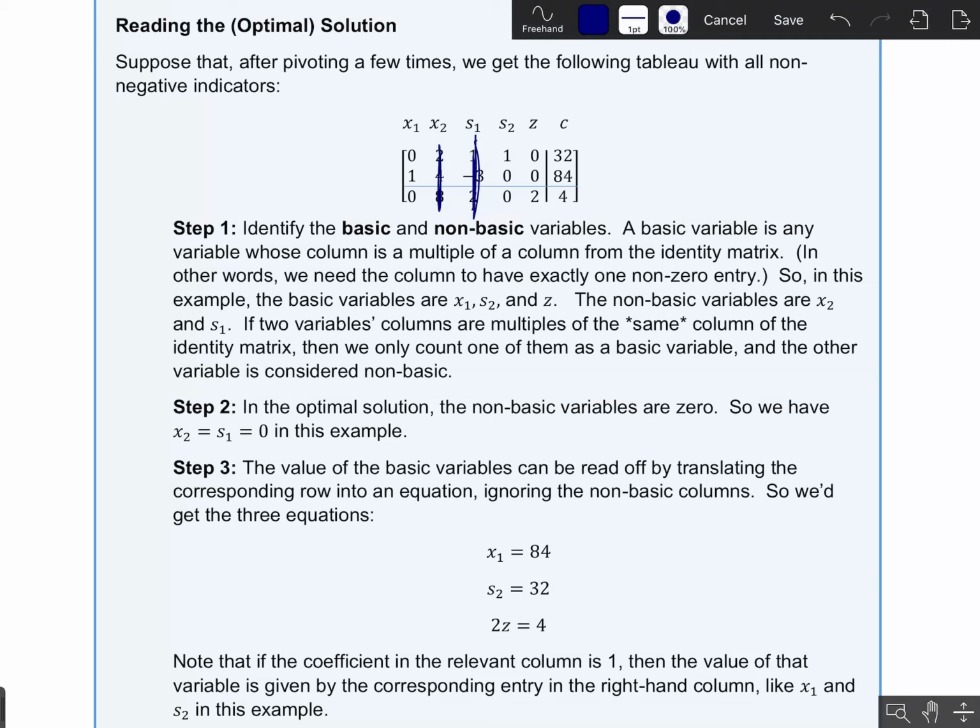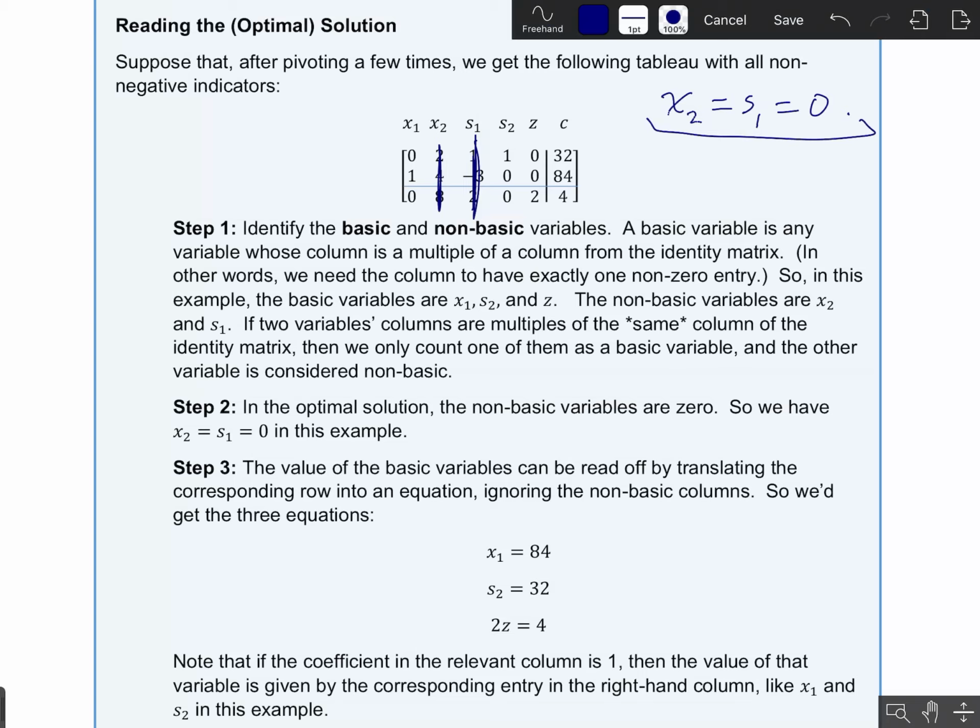Here, the two scratched out columns correspond to non-basic variables. And in the solution that we would read off from this matrix, those two non-basic variables would just be set equal to 0. So here x2 and s1, those are both going to be 0. So in other words, when you scratch out a column, that just means that the corresponding variables are 0.